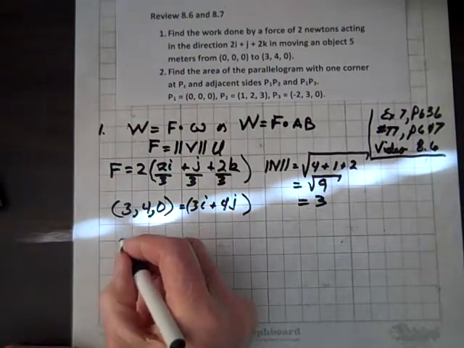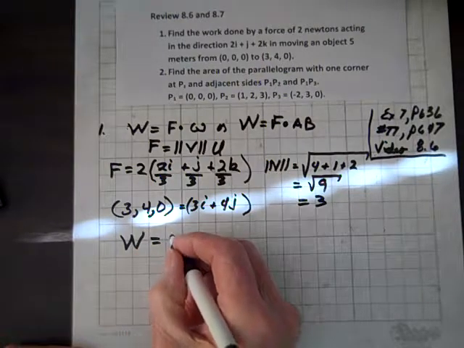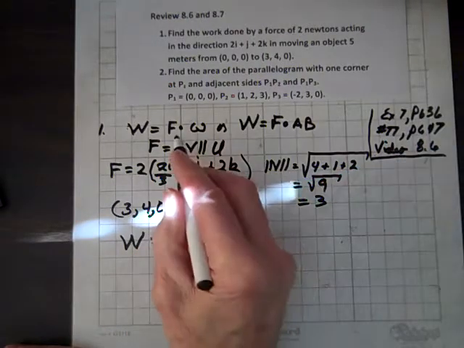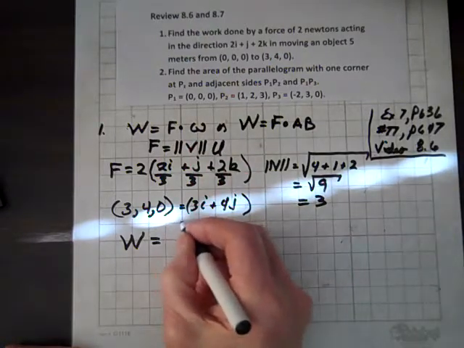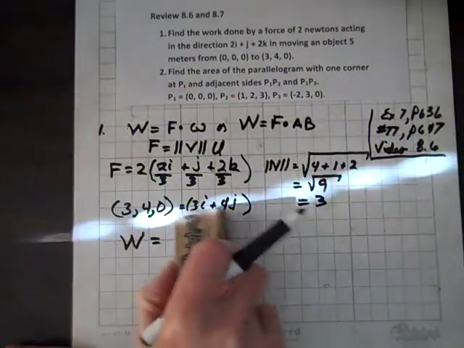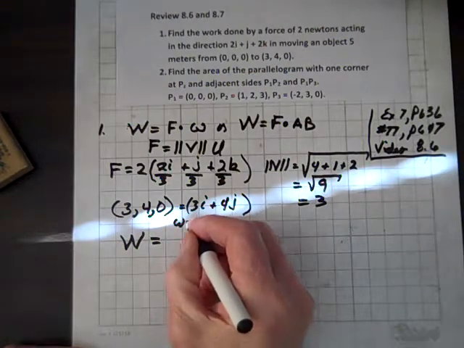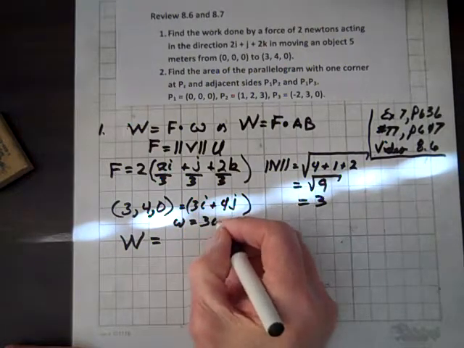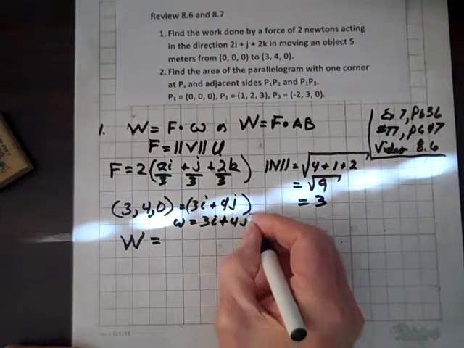And so the work equals the force dotted with omega. So this is our omega. Excuse me. Omega equals 3i plus 4j.